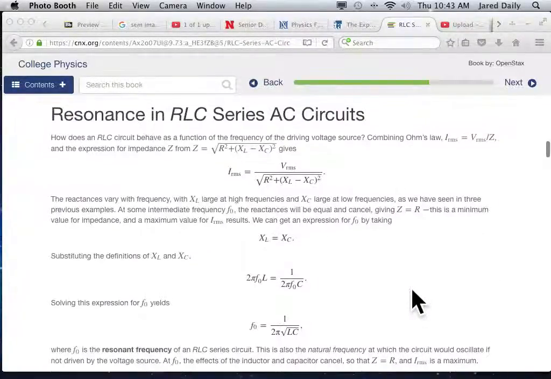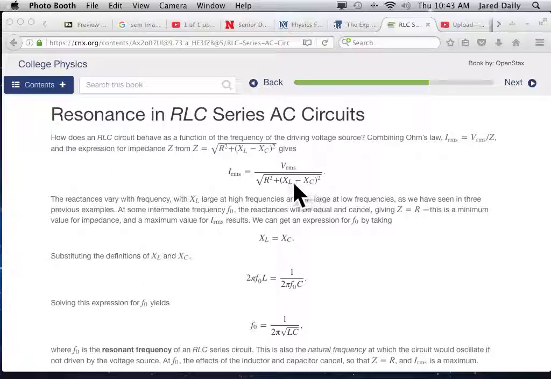Now, what does this all mean? In the end, when we use this together in Ohm's law, it looks like this, where we have current equals voltage over impedance. Now, the impedance down here has a difference in it, right? And this current, I, is going to be dependent on this difference.